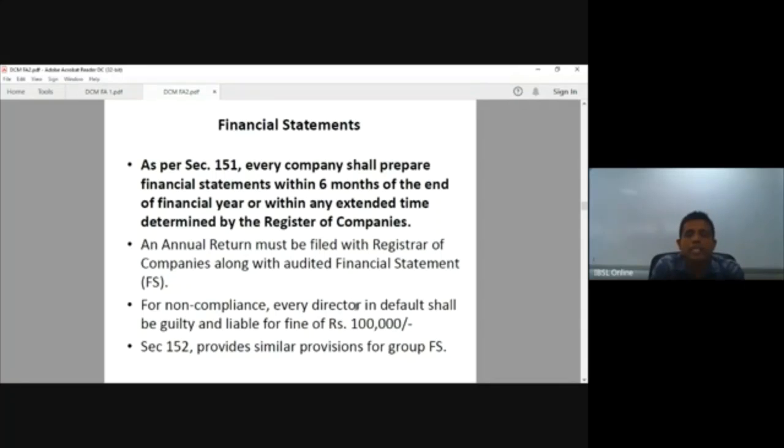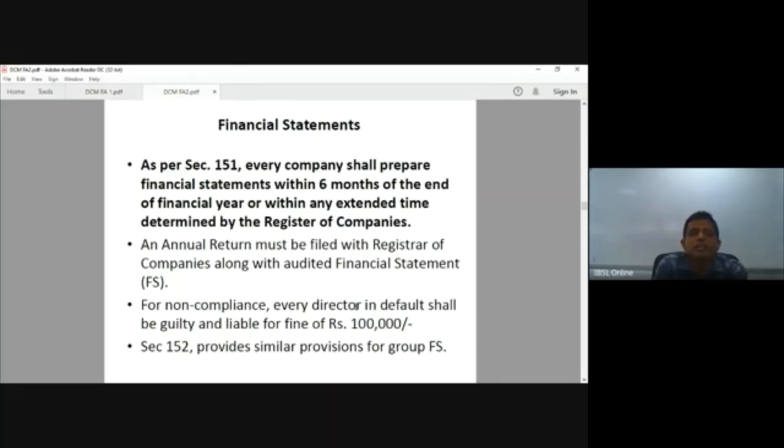Say their financial statements end 31st December 2020. You should have the audited financial statements within 6 months in 2021. Before 30th June, you should have a copy of the audited financial statements, because there is a requirement under section 151.